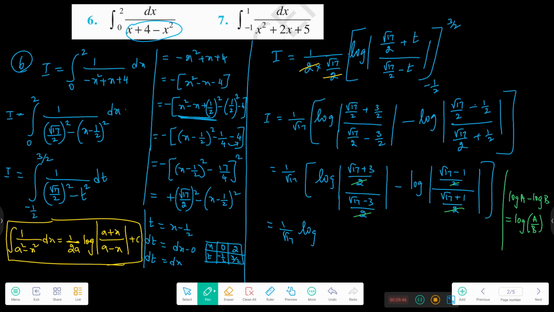Which means this is log a, where a is root 17 plus 3 divided by root 17 minus 3, divided by log b, where b is root 17 minus 1 divided by root 17 plus 1. The division, if you want multiplication, you have to take the reciprocal of the second number, meaning the denominator when I take the numerator, it will be reciprocal.